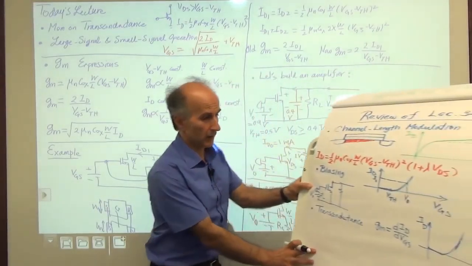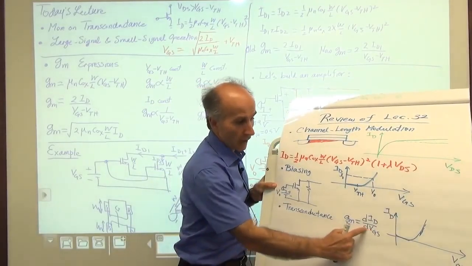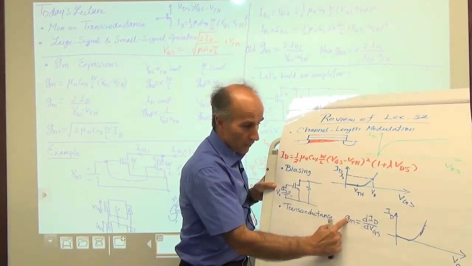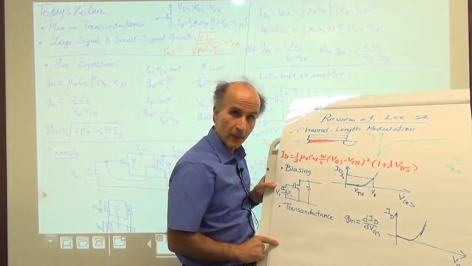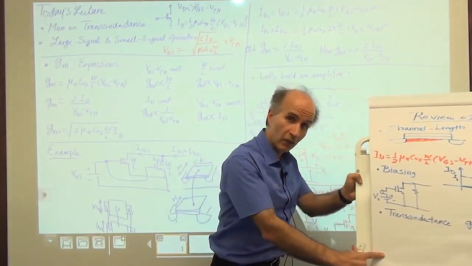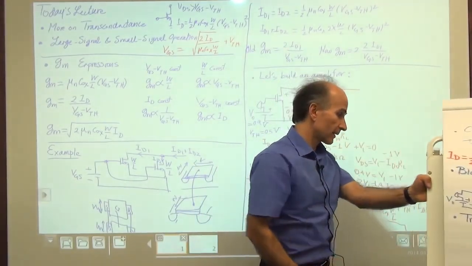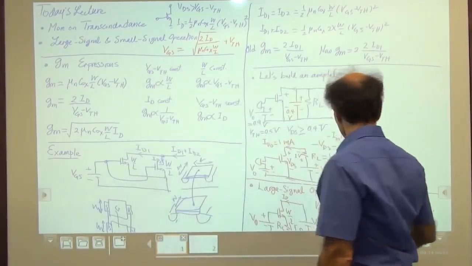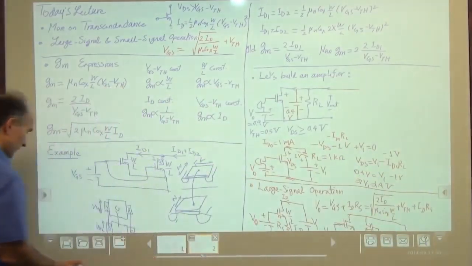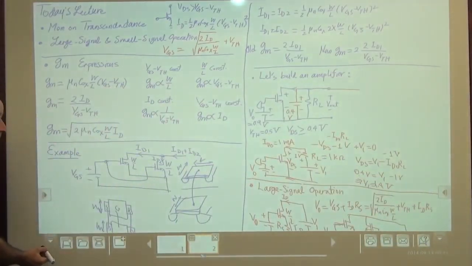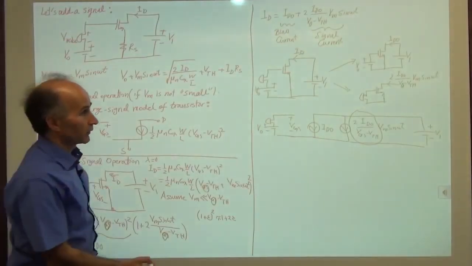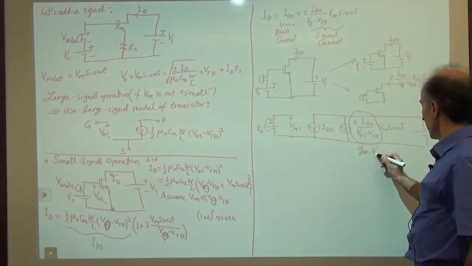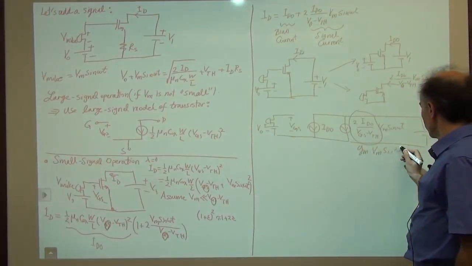So if we go back here, you can see if you give me a change in VGS, then I give you a change in the current equal to Gm times the change in VGS. So the microphone signal is creating a change in VGS. And as a result, we get a change in the drain current. And these are related by Gm. So it's not surprising that what we have here is just the transconductance of the device times the voltage that we have applied. So this is Gm times Vm sine of omega t.